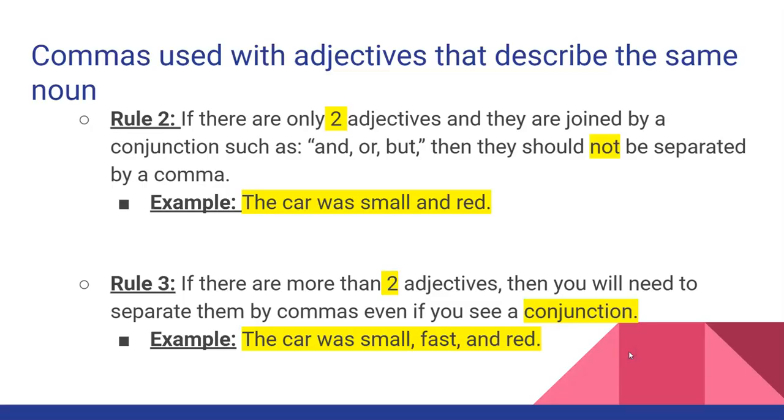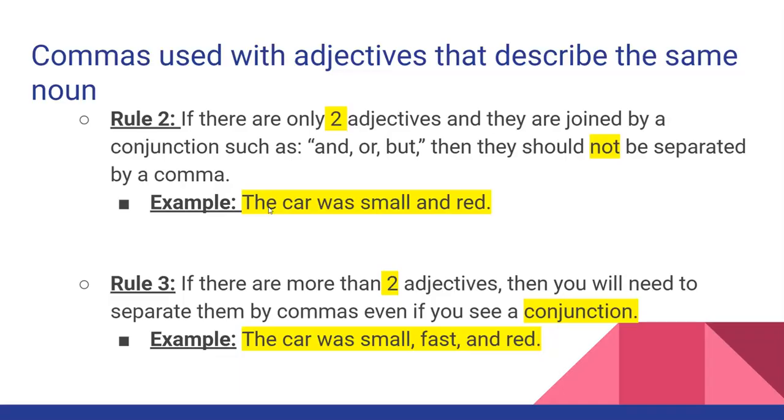Rule number 2 of using commas in sentences that have adjectives tells us that if there are only 2 adjectives and they are joined by a conjunction, usually and or but, then they should not be separated by a comma. So for example, the car was small and red. In this sentence, we're focusing on the noun car. A car is a thing, so it's a noun.